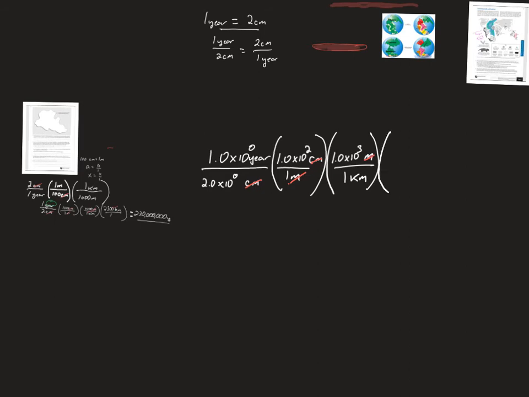And then 2,300 kilometers would be 2.3 times 10 to the third power. So you move the decimal 3 times to the right, you get 2,300 kilometers over 1.